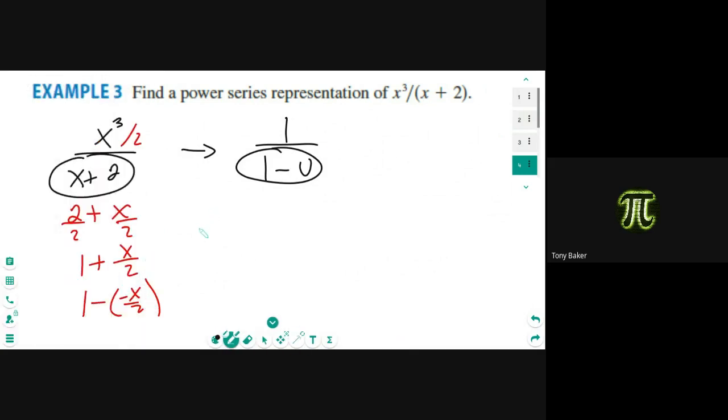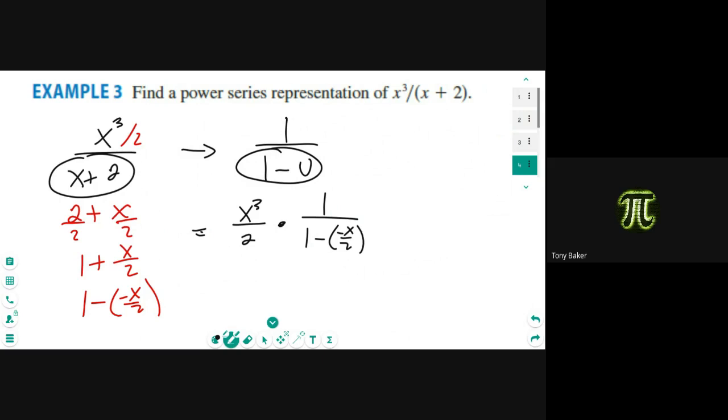So now I have x to the third over 2 times 1 over 1 minus negative x over 2. Yes or no? Okay, so this is just a bunch of algebra.